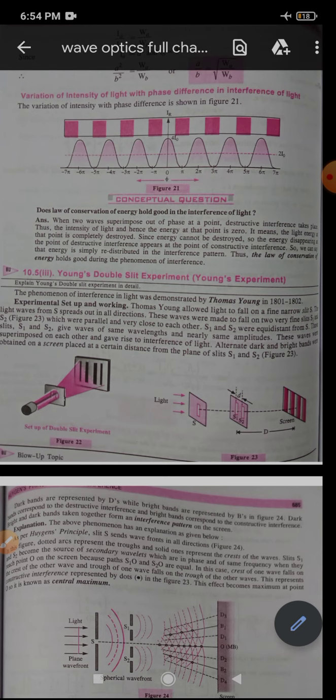This gives the destructive interference. This shows the variation of the intensity of light with phase difference in interference of light.